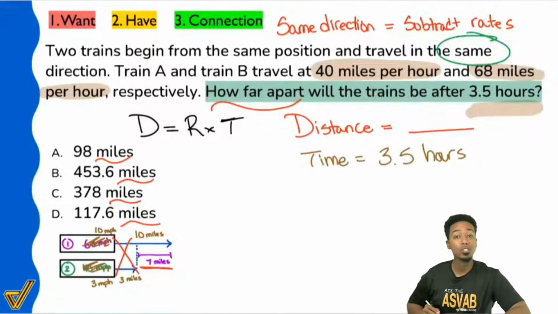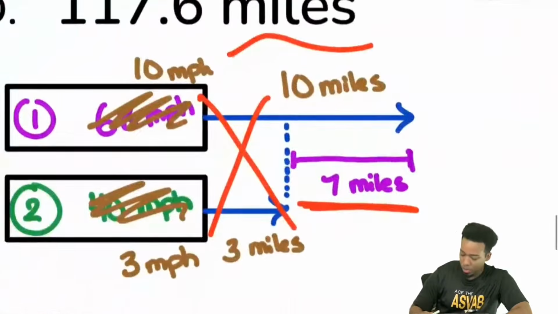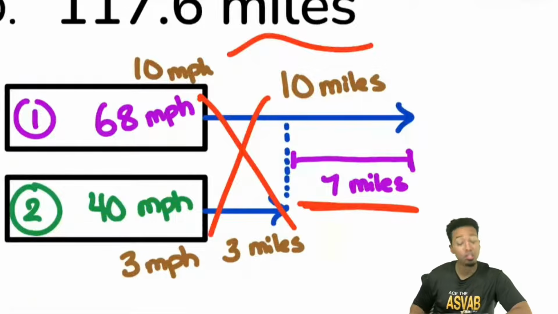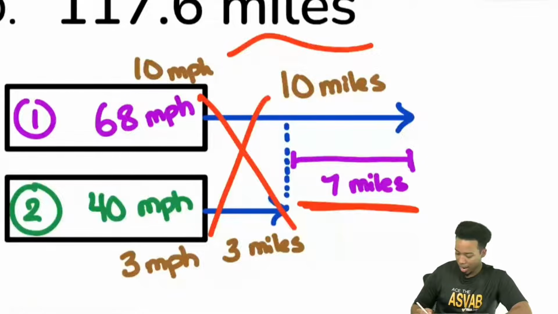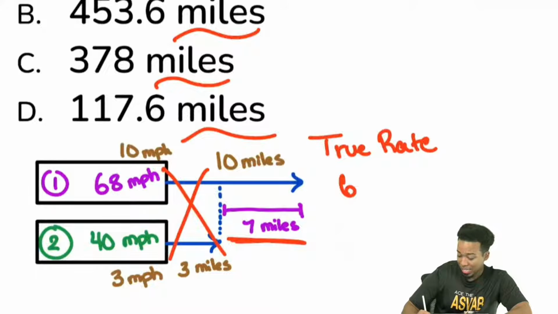So in this situation, here we will subtract the rates. What were the true rates again? Well, it was not 10 and 3, but it was over here. Let me use an eraser, a proper one. It was 68 and 40. So everyone, our true rate would be 68 miles per hour minus 40 miles per hour.